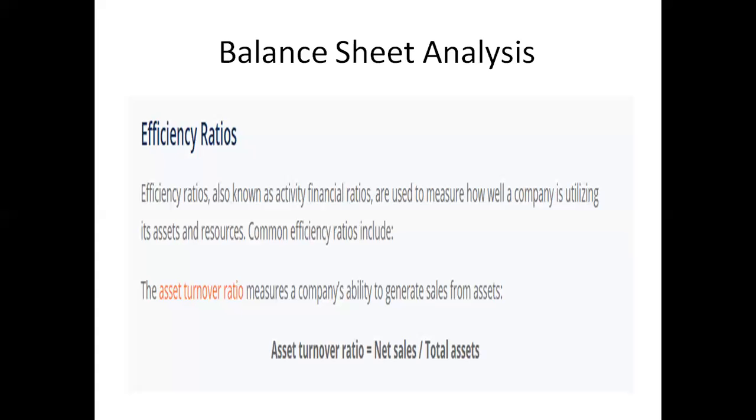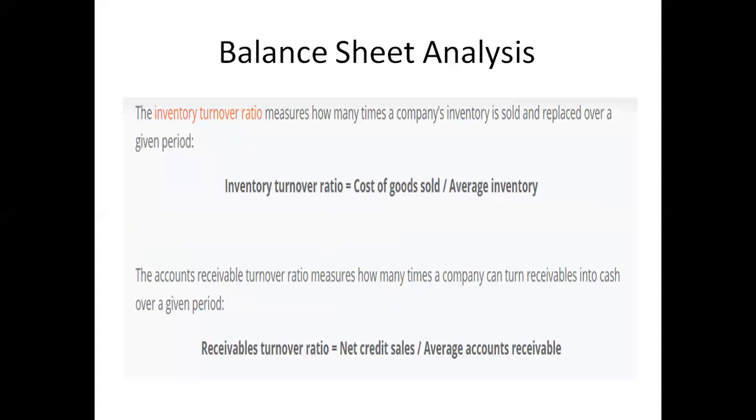The efficiency ratio indicates capacity utilization, how efficiently the company is using its assets. It should always be equal to or greater than 1, because if it is greater than 1, then we are utilizing better. If we are less than 1, it means underutilization of capacity.